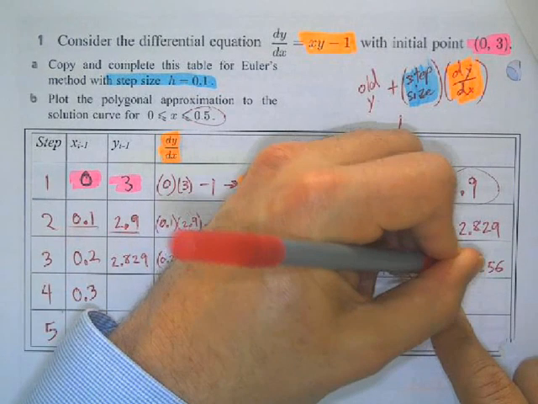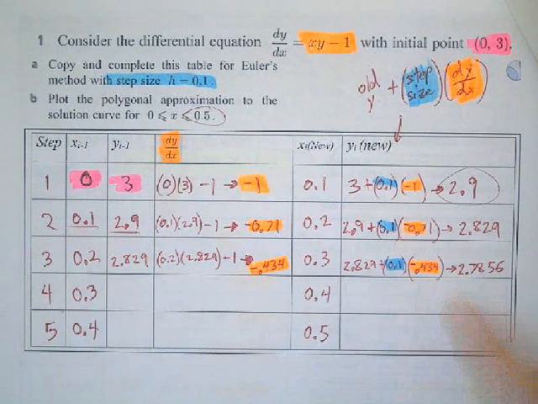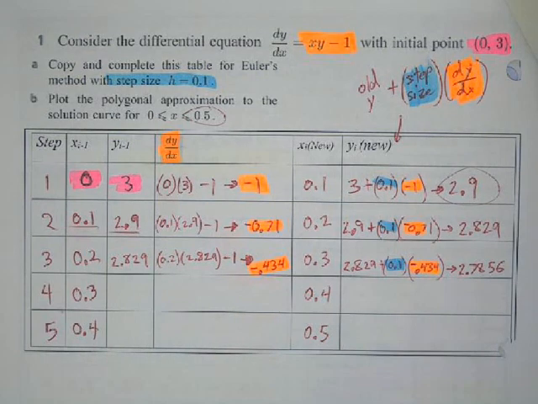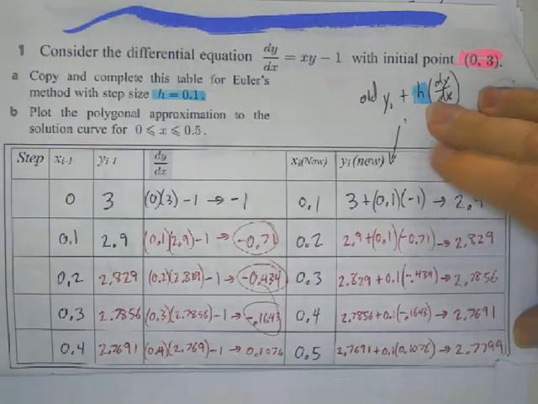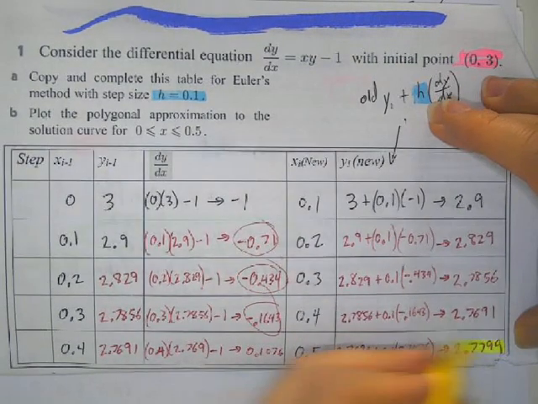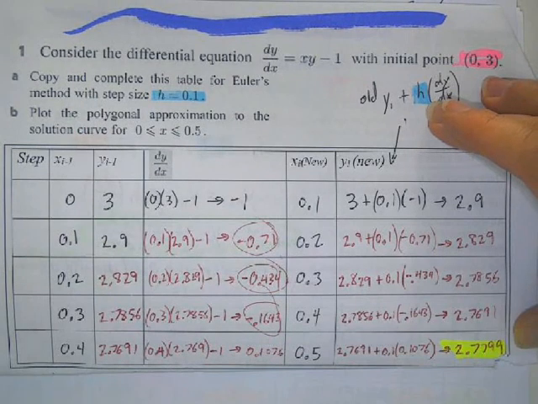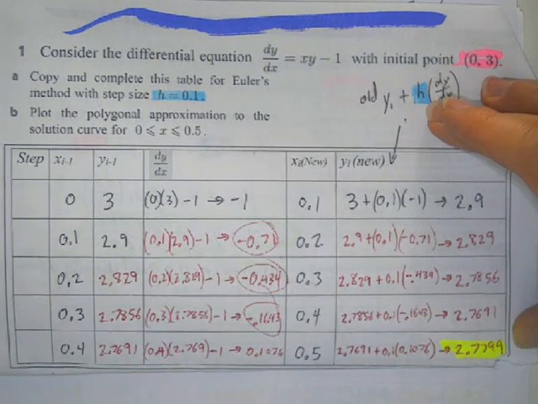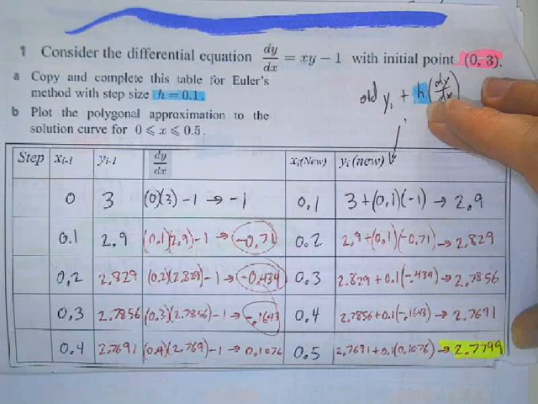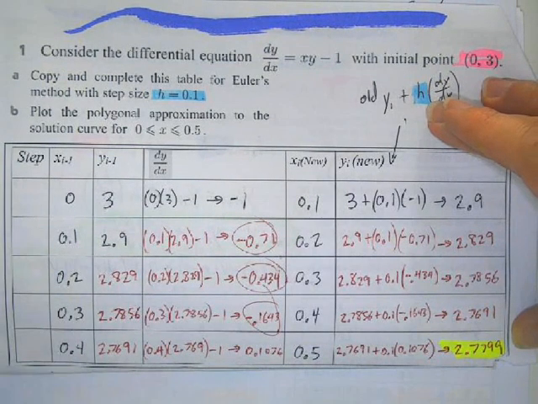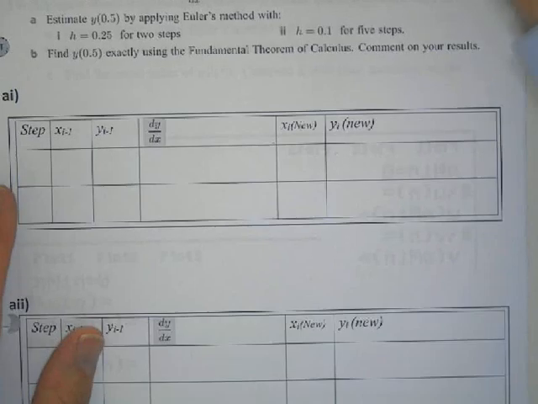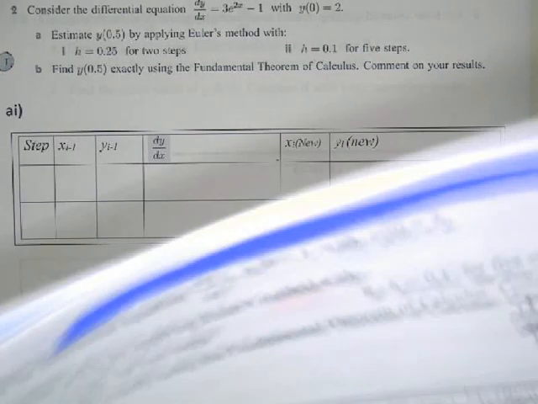Okay. And it goes on, and you get a final value. You might want to hit pause, but you get a final value of this. Okay. I could go into the plot, but I'm not going to right now because that would take too much time. And so the next one here, I'm just going to show you the steps because I did this already.